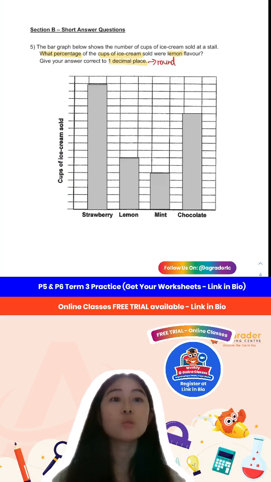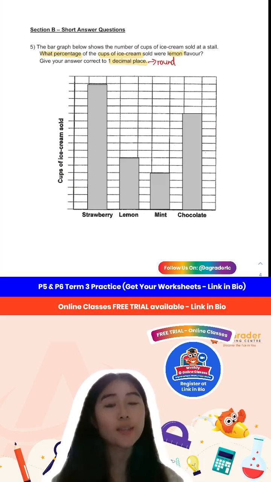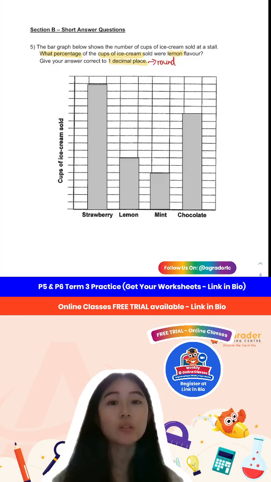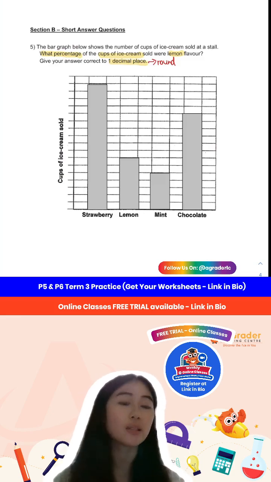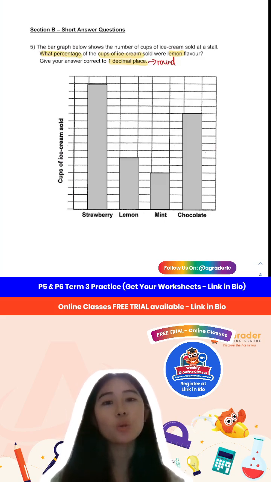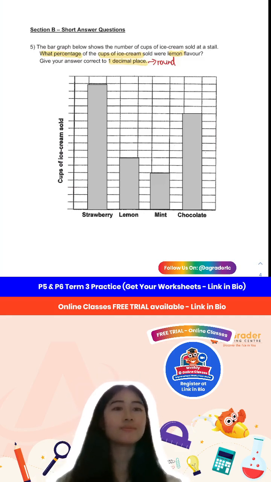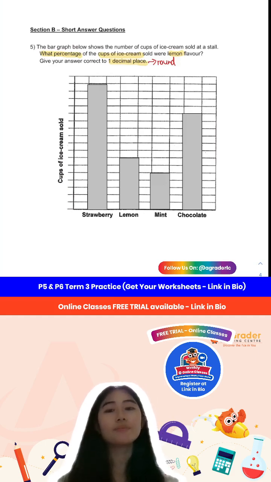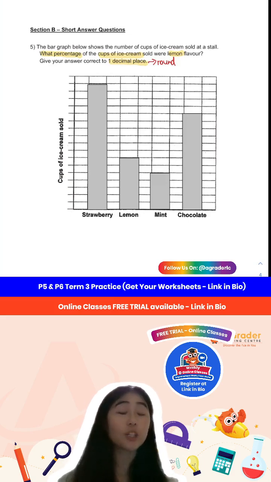A lot of schools graph question now don't have labels. Okay, that means you don't have the values at the side. So just take note, that's the trend nowadays. Let me know your answers, okay? You need to do a little bit of calculation for this question.